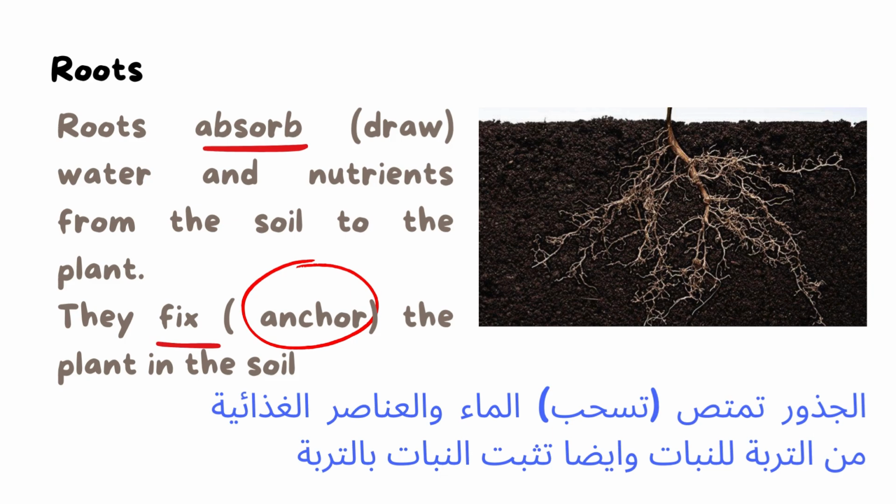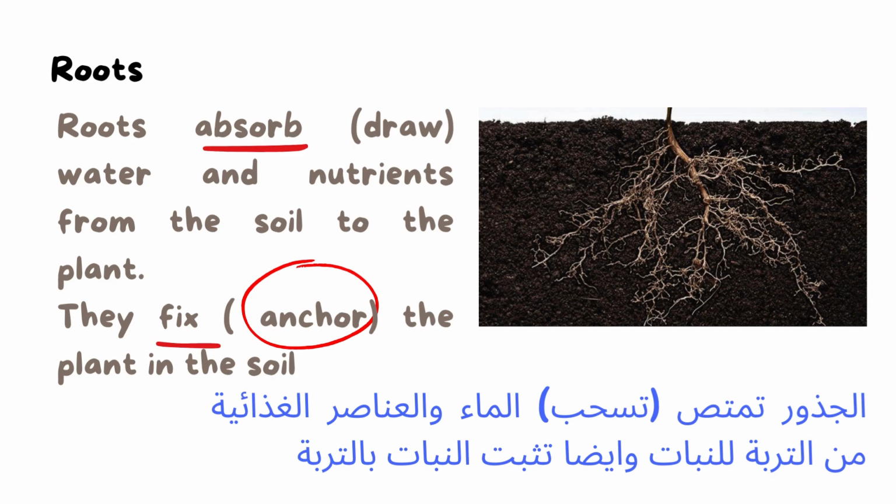First, we know that the roots absorb, or in another word, draw, water and nutrients from the soil to the plant, okay? So this is the first function. Roots absorb water and nutrients from the soil to the plant.